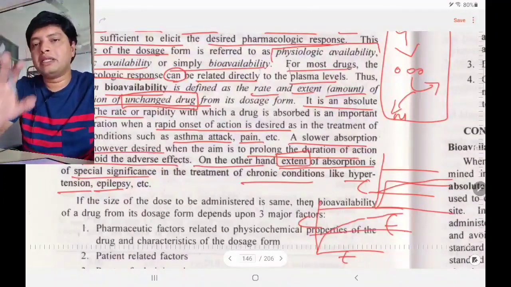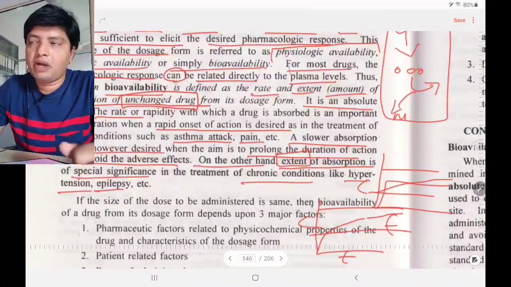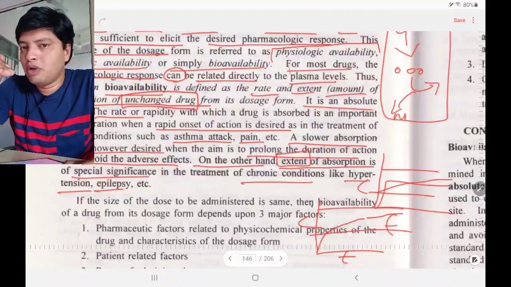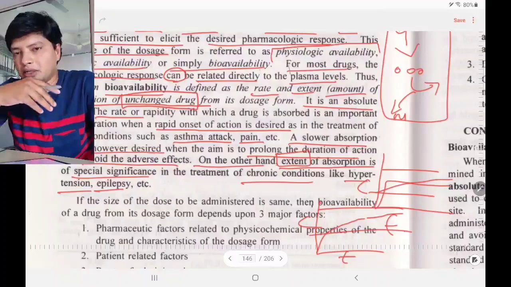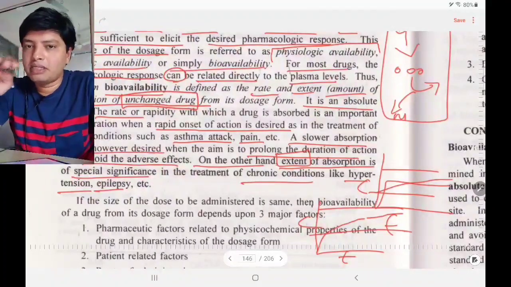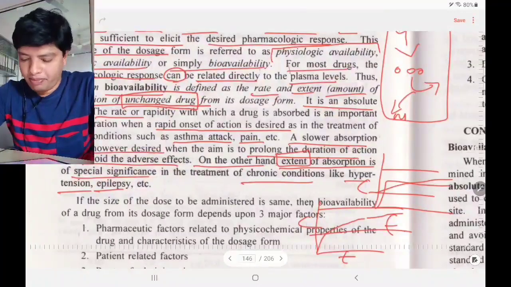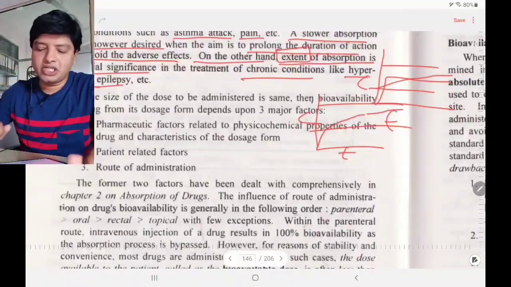It should be in the therapeutic range for a longer period of time, because if the drug concentration decreases below the therapeutic level, it will cause hypertension. So to avoid this, I want my drug to be at the therapeutic level for a prolonged period of time. That's what this introduction is saying.